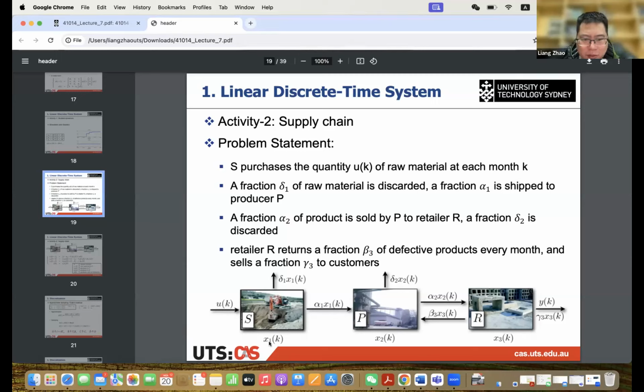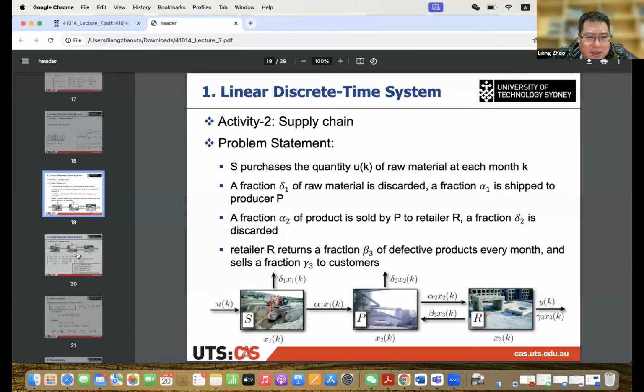Then what remains in x1? So x1 itself is x1, right? So what we remain in x1 is x1 minus alpha 1 times x1 minus delta 1 times x1 plus u, because u is getting in.